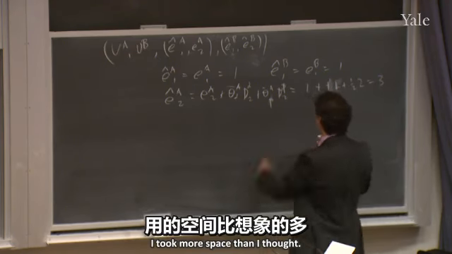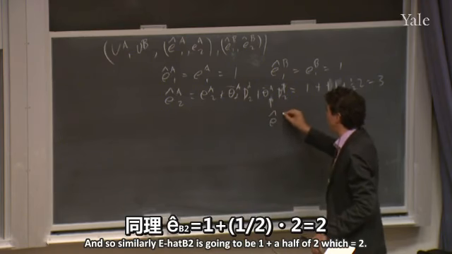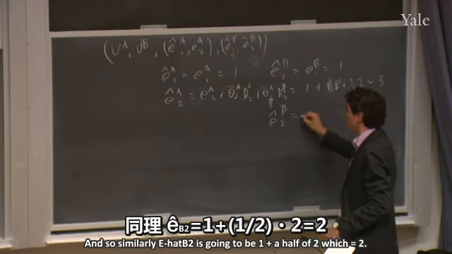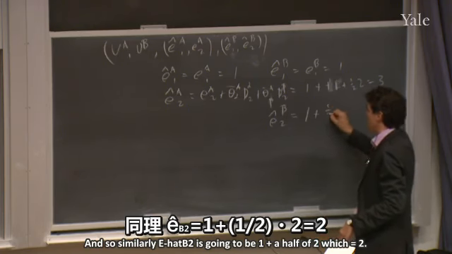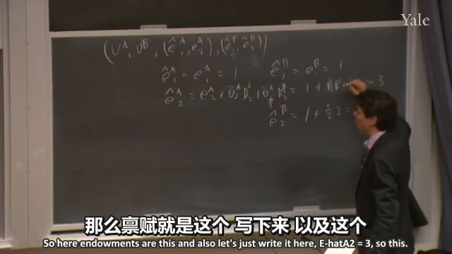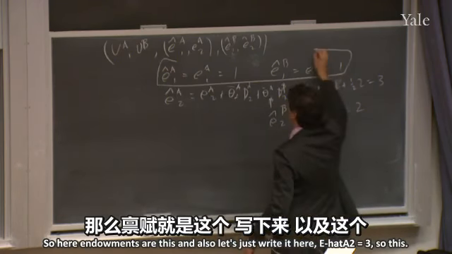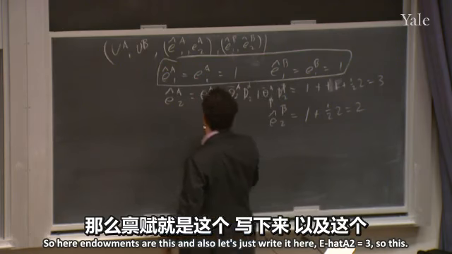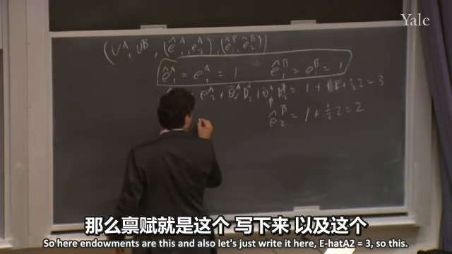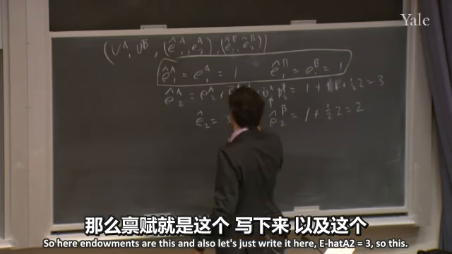Similarly, E hat B2 is going to be 1 plus a half of 2, which equals 2. So here the endowments are this. And also, let's just write it here, E hat A2 equals 3.